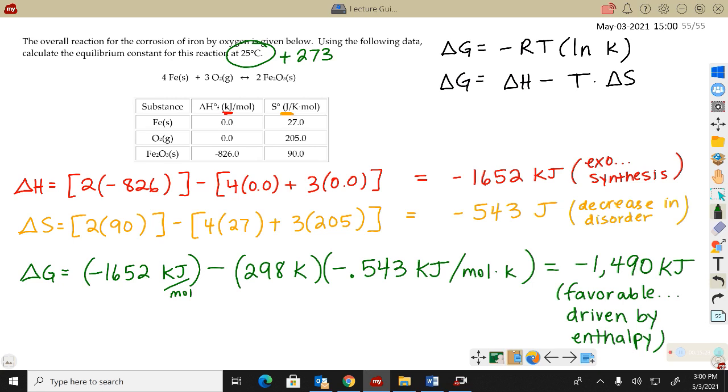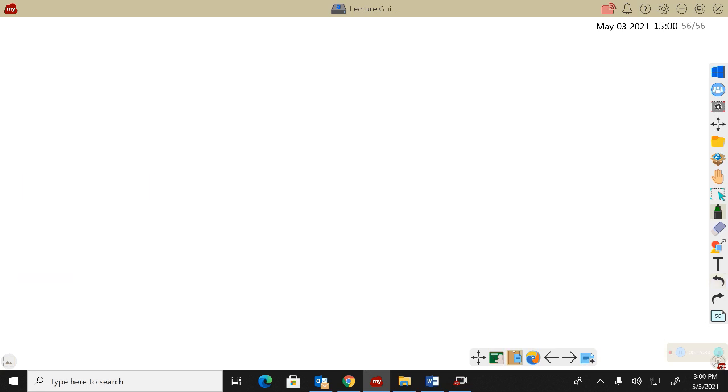All right, so now I can calculate the equilibrium constant, right? I might need a little more room, but I think I can do it. Okay, so let's see what we got here.